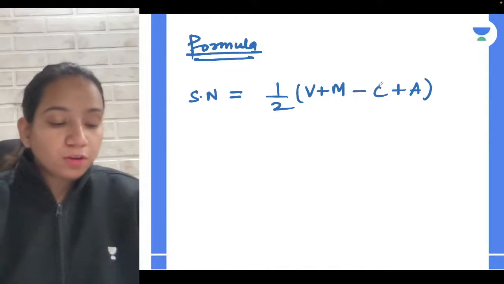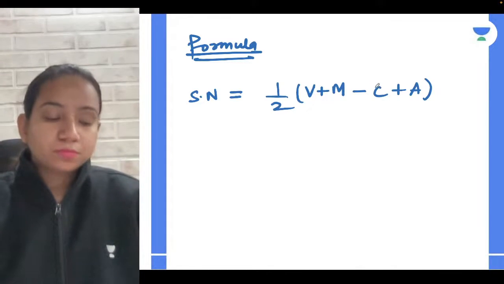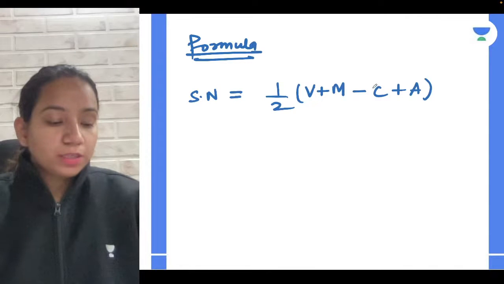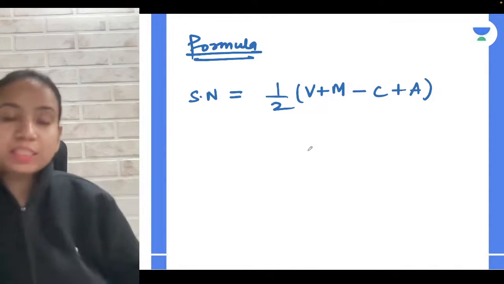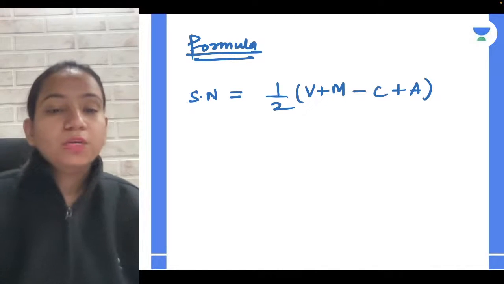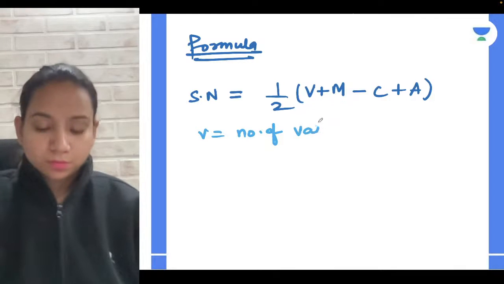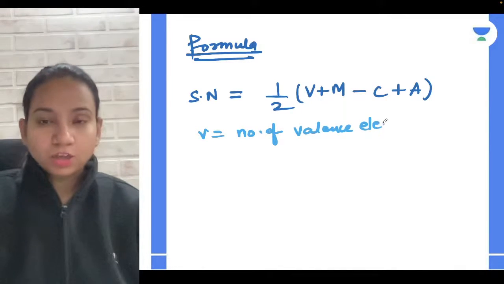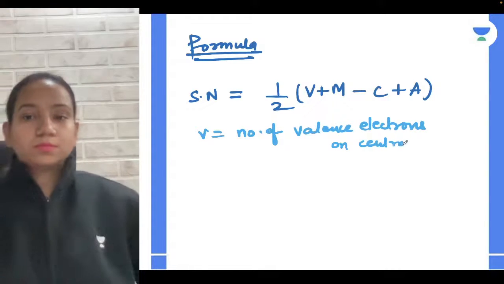How many of you have heard about this kind of shortcut formula, guys? So the shortcut formula says half V plus M minus C plus A. What is V here? V is the number of valence electrons on the central element. Very good, Akshay.